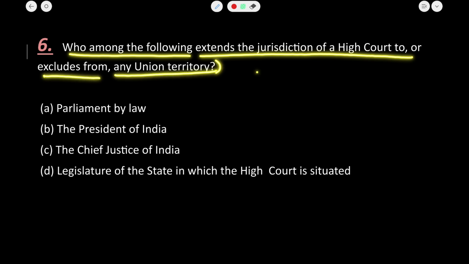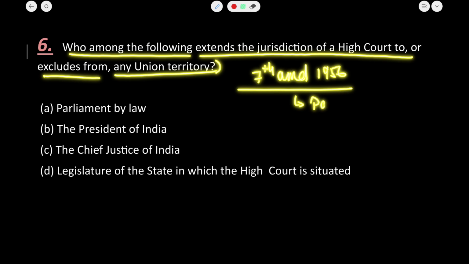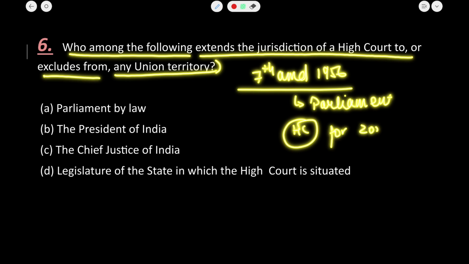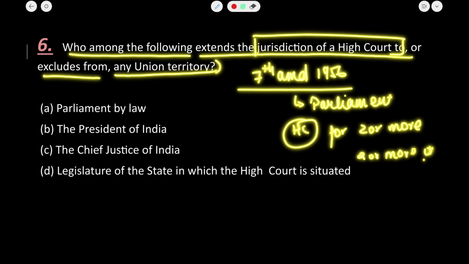So when I was telling you about the 7th Amendment Act of 1956, I already told you that there is power with the Parliament to make a high court for 2 or more states or 2 or more union territories. So the power regarding the jurisdiction of the high court resides with the Parliament.